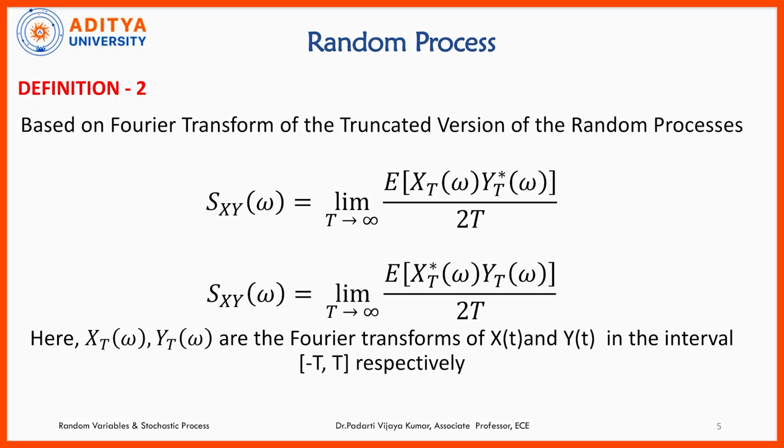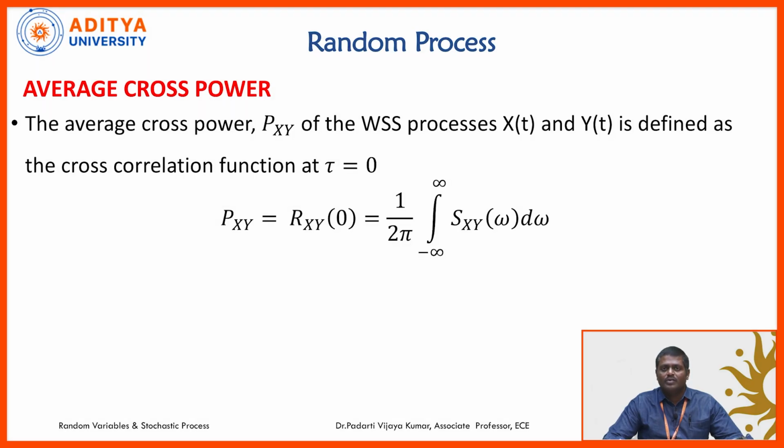Both are valid. And one more important formula which we will be using for computing the average cross power. Average cross power is mathematically equal to the cross correlation function at tau equal to 0, or the area under the cross power spectral density with respect to frequency. Bandwidth multiplied by cross power spectral density gives me the average cross power.